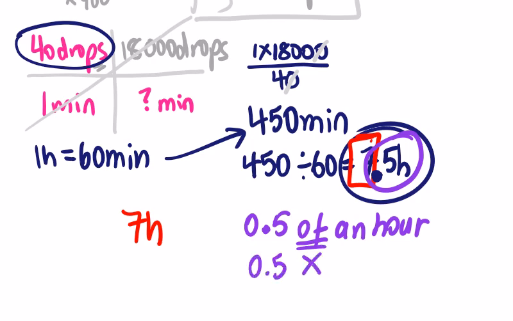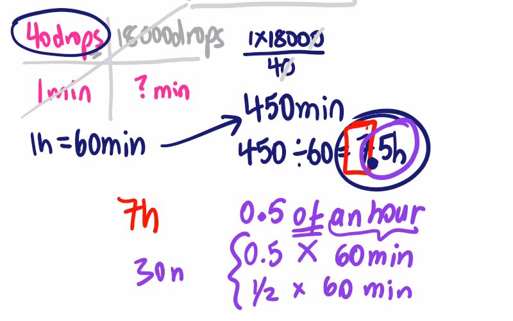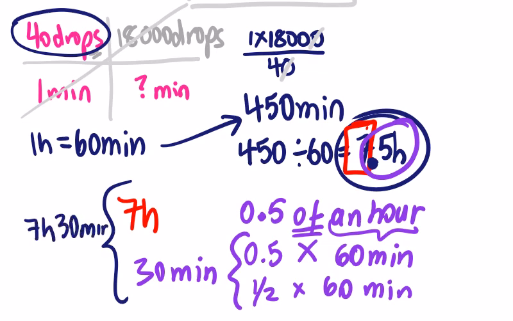It's a fraction or a decimal of an hour, and an hour is equivalent to 60 minutes. So I could do that in my head. 0.5 is the same as half. Half of an hour is 30 minutes, or 0.5 times 60 is also 30 minutes. So our final answer would be 7 hours and 30 minutes.